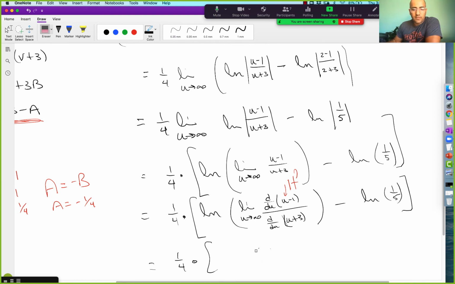I hate how messy everything ends up being on this. Ln of 1, right? I end up with a 1/4 minus ln of 1/5. This guy becomes 0.